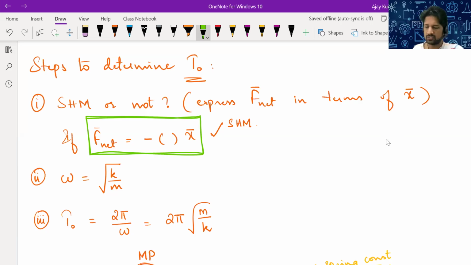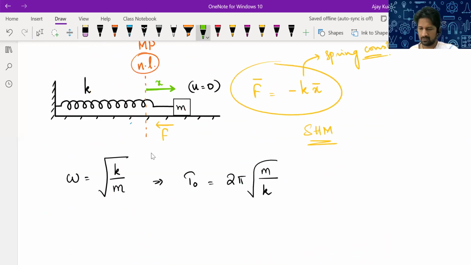And when you write force in terms of displacement, if you see that it is in the form F is equal to minus some constant into X, treat that constant as the force constant. In the case of the spring block system, the spring constant itself was in that place. So the spring constant became the force constant. And then you get omega under root k by m. Mass of the object has to be given. And then you get the time period.